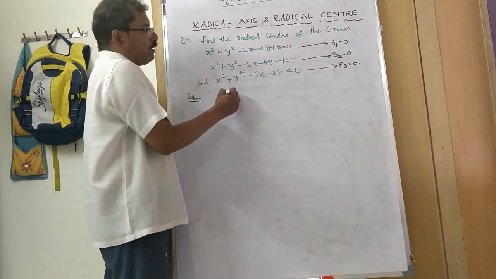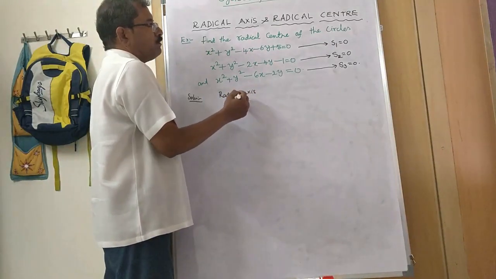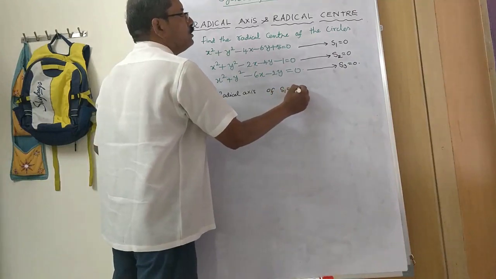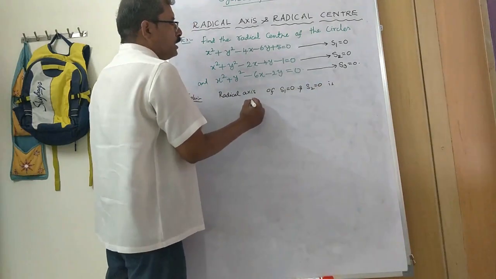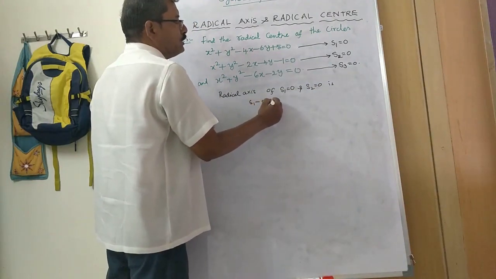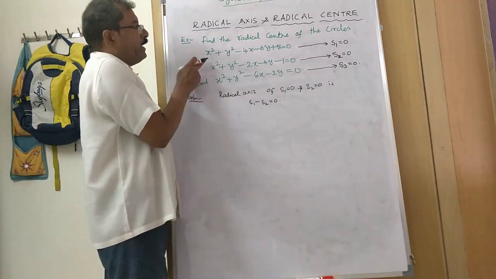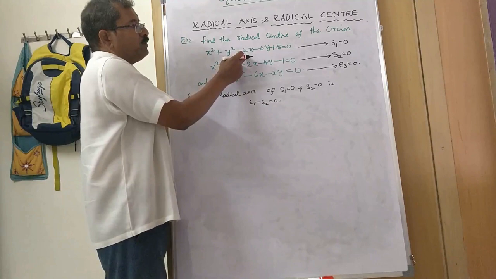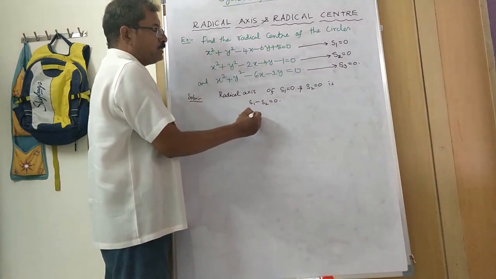The radical axis. The equation of the radical axis of S1 = 0 and S2 = 0 is S1 - S2 = 0. Right? So I am subtracting this. x² gets cancelled, y² cancels. -4x plus 2x gives us -2x.